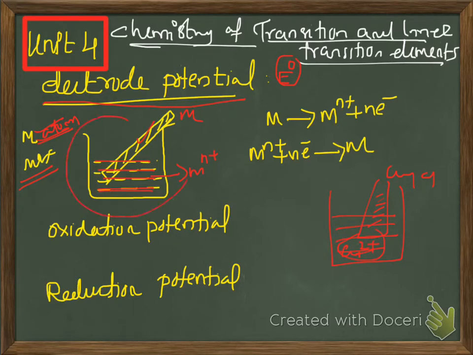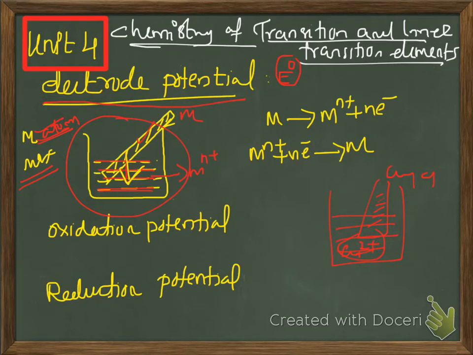Here in this solution, two kinds of things can happen. The first possibility is the dissolution of metal atoms from the electrode into the solution, dissolving as Mn+.